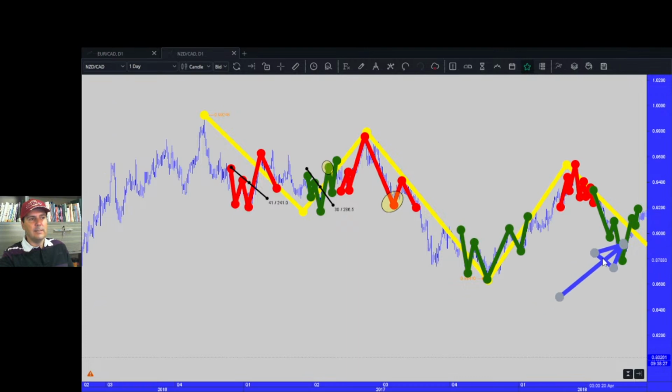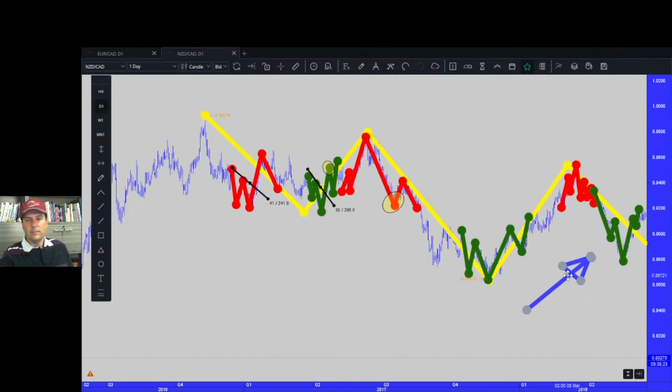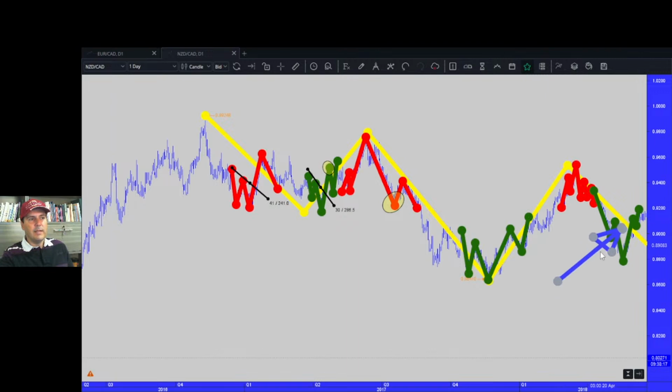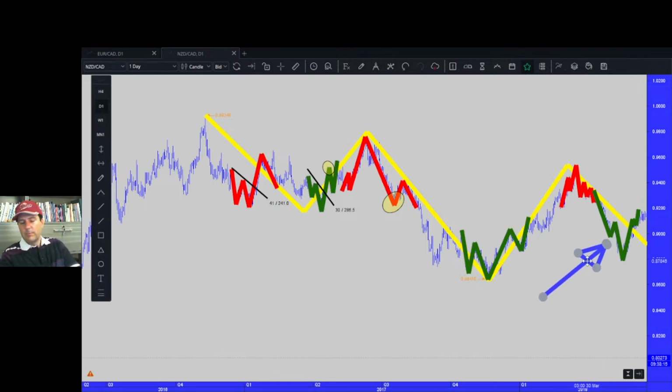If I'm buying this crown up in here, you know, it's not on support. If I'm buying this crown right now, everybody, am I going against the yellow market wave? Or am I going with the yellow market wave? What's the answer?